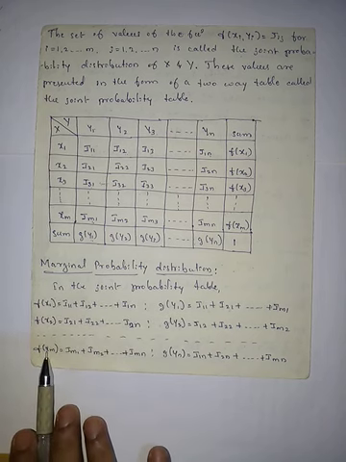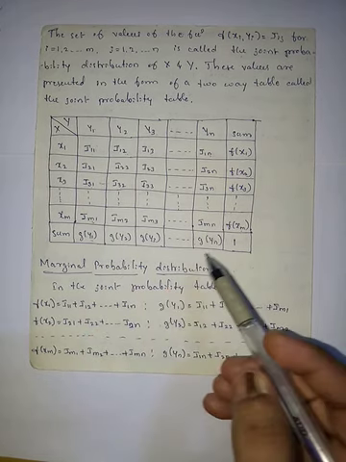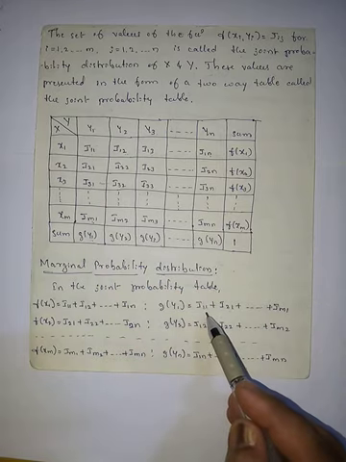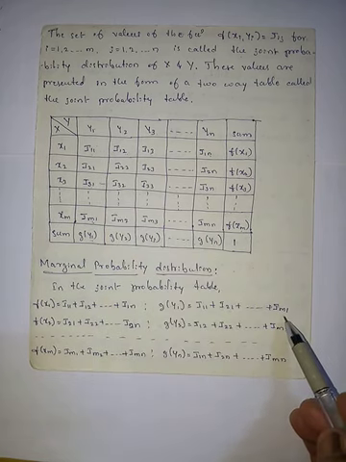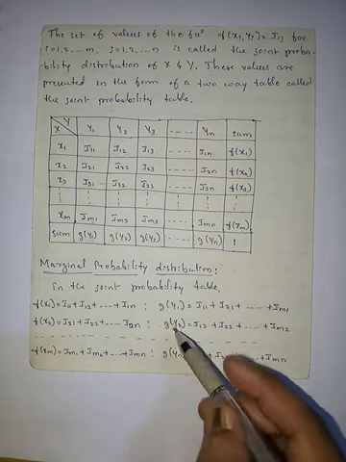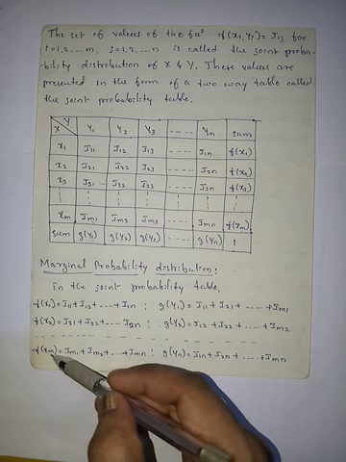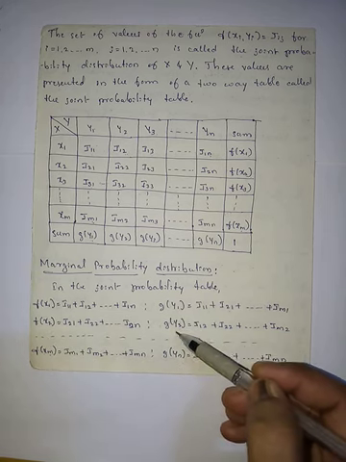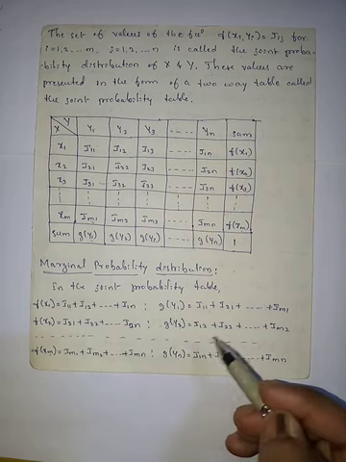Likewise, f of xm is the sum of the last row. Similarly, when you take the column sum, g of y1 is defined as j11 plus j21 plus j31 and so on, up to jm1. Likewise, we take all the sums, and these f of x1, f of x2, up to f of xm, and g of y1, g of y2, up to g of yn, are called the marginal distributions.